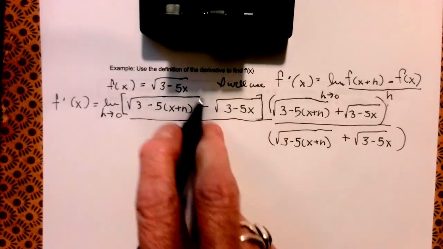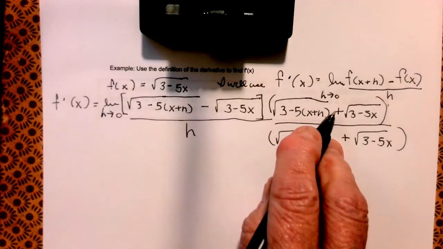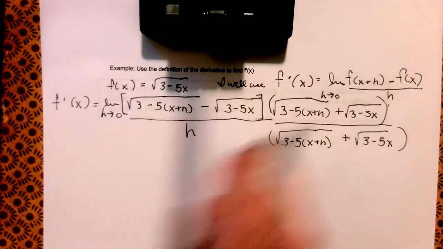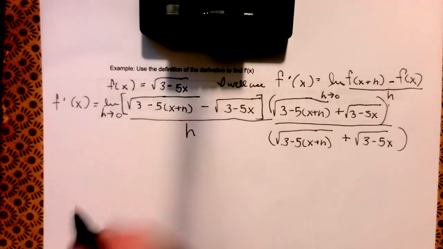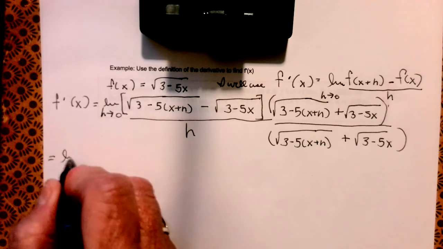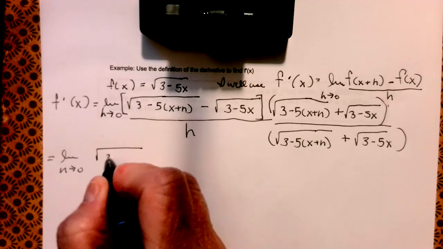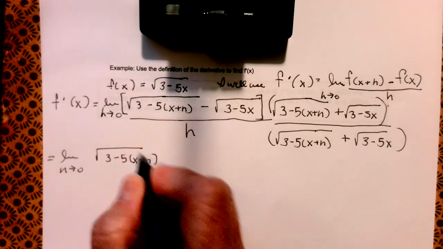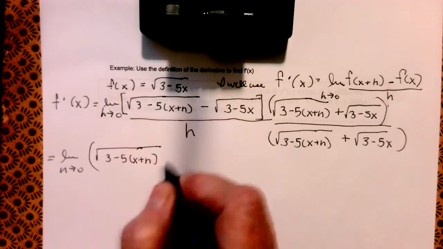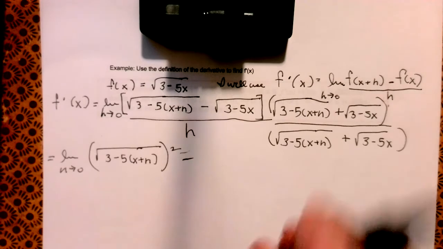It's this sign that changes so that we have the conjugate here. Then when we multiply, remember, it's kind of like multiplying a difference of squares. What's going to happen is we're going to get the square root of 3 minus 5 times x plus h, and that's going to be squared, because we get the square of the first term minus the square of the last term.